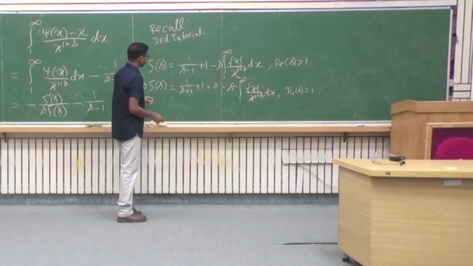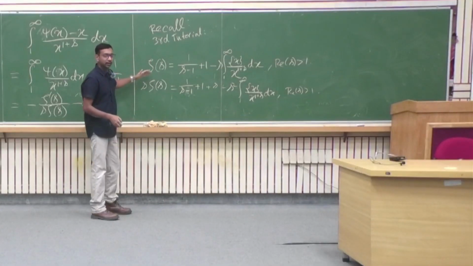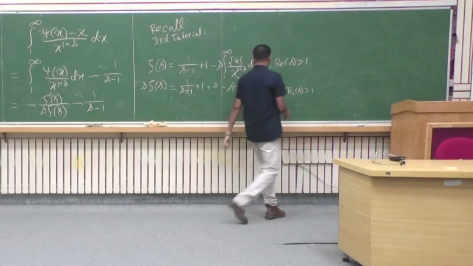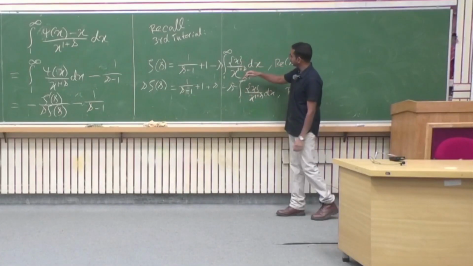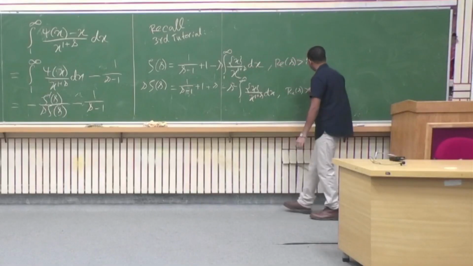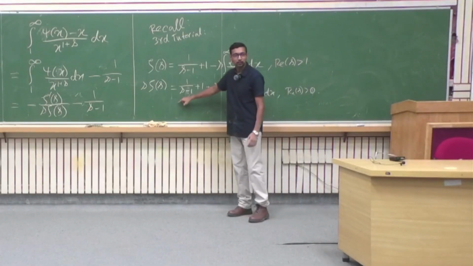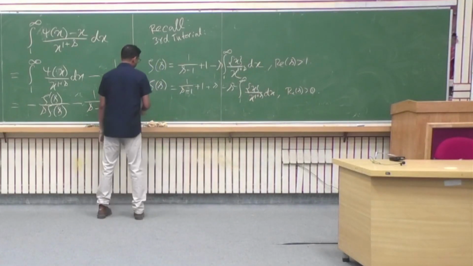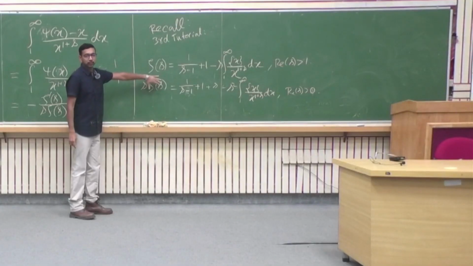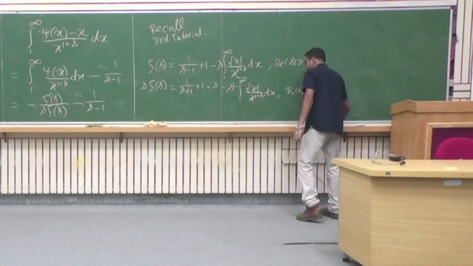So now note that this function is analytic, as we saw that this is actually defined for all the points with real part of s greater than 0, except possibly at the point s equal to 1 where it has a simple pole with residue 1, right? So if you consider its Taylor expansion at the point 1, how does it look like?